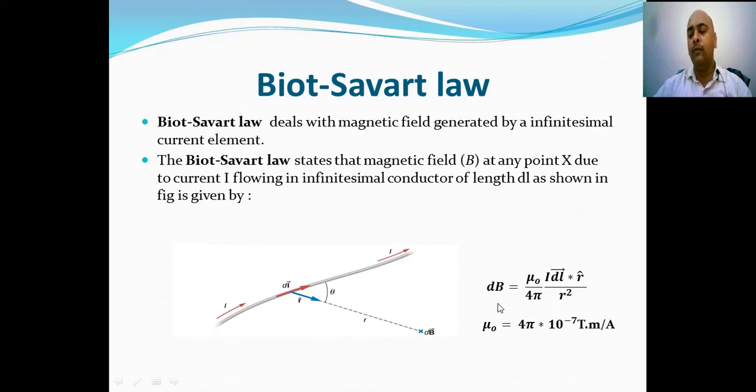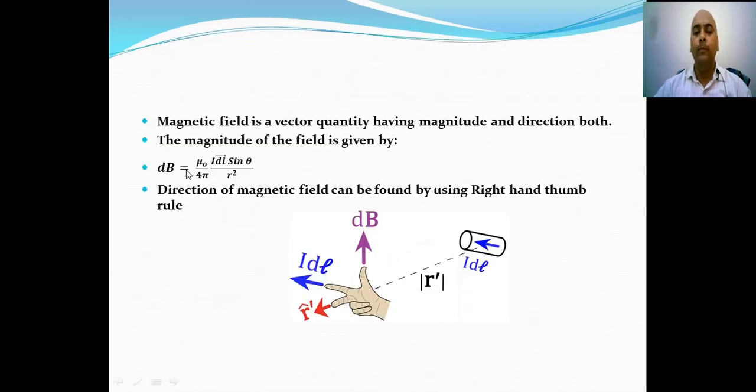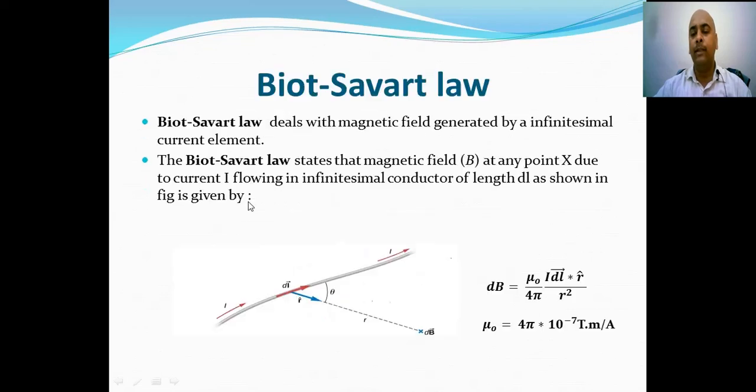Now from this equation we can conclude that the magnetic field has magnitude as well as direction. The magnitude is proportional to mu naught upon 4 pi, IDL sine theta upon r square, where theta is the angle between the radial line r and the axis of the conductor.